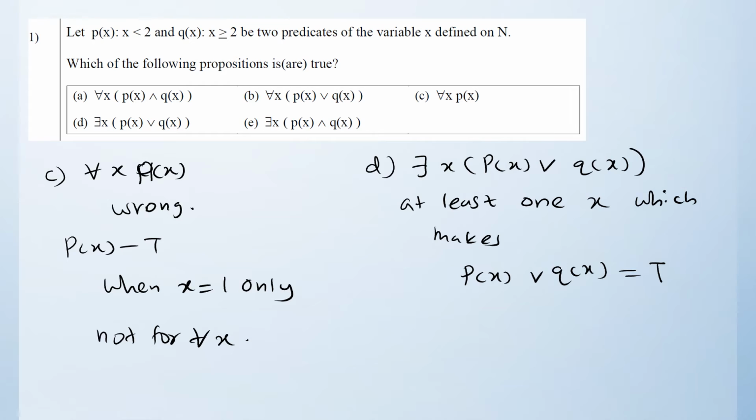Yes, we have, since for all x values we have either P true or Q true. So when you select any x value there, you can identify at least one x which makes this true. So this is correct.